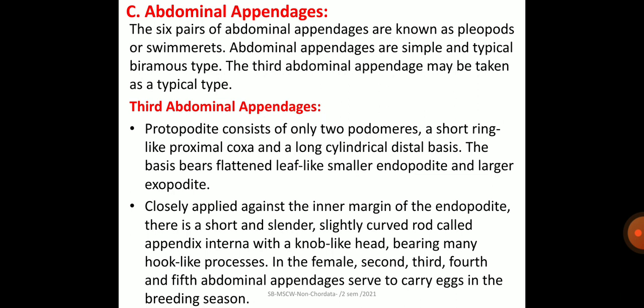In the female, during breeding season, the appendix interna is a small rod-like structure. The appendix internae of opposite appendages articulate with each other, forming a series of bridges which serve to carry the eggs, while the outer surface of the basis and the margins of the endopodite and exopodite are beset with numerous setae.